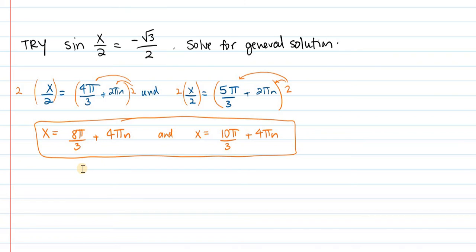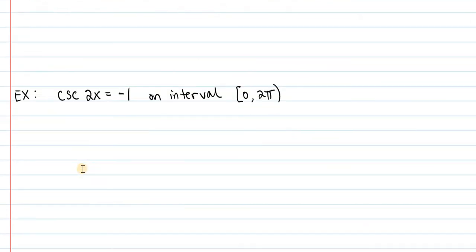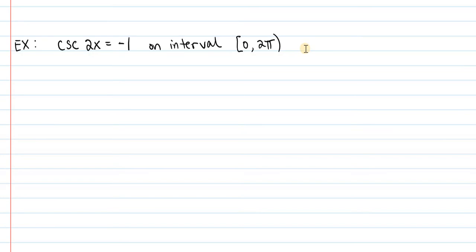Okay, awesome. Now, what happens if you are actually given an interval on which you have to find all the answers? So here, instead of just writing a general formula, we're actually going to have to find all of the answers to the solution.